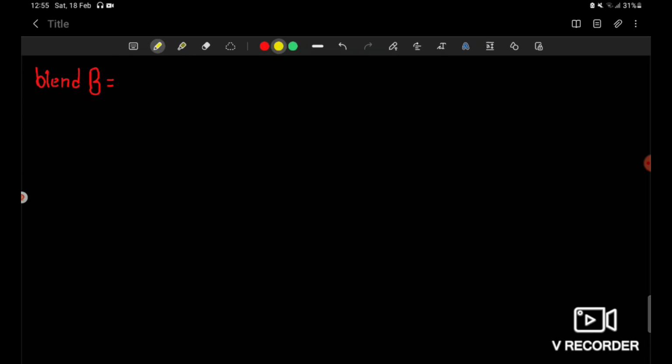What is in blend B is X kg of blend A plus Y kg of tamu rice. So in short, what they're asking us is the ratio.